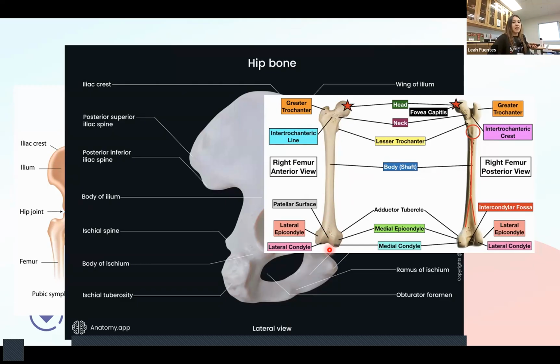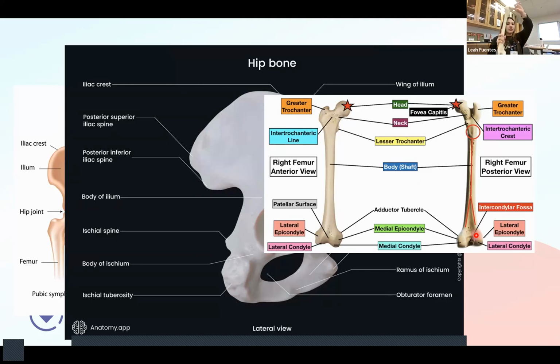Patella, good. And then we have lateral and medial epicondyles. Again, one's just towards the outside, one is towards the middle. This is going to be your posterior view. One thing that is on this image that you can't really see is the fovea capitis of the femur. I don't remember if they said you'll need to identify it, but it's this little hole in the head of the femur.